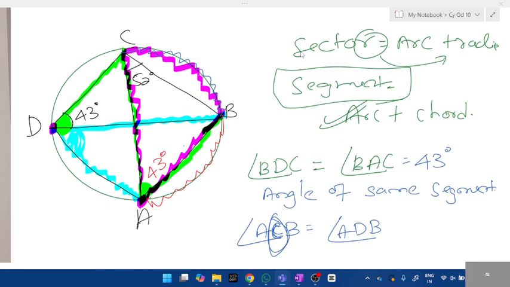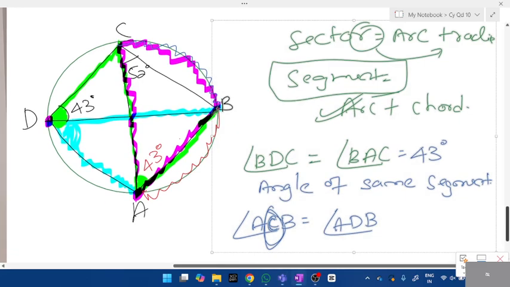Ivania, did you understand? Yes, sir. Complete this. So therefore, these four angles.